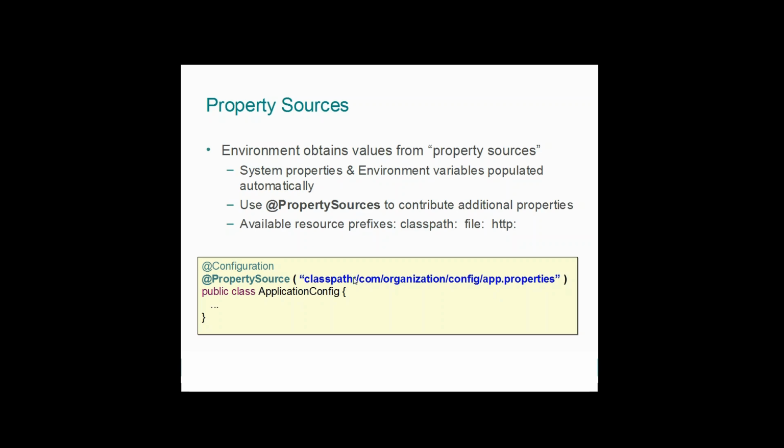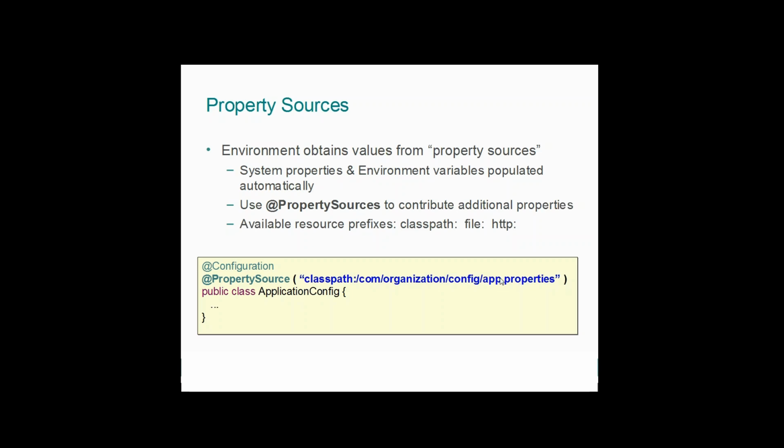The classpath is a prefix that tells where to search for the app.properties file: whether on the file system or the classpath, in any jar files on the classpath environment variable. With the classpath prefix, it will search the jar files on the classpath, find the app.properties file, and load that property file.